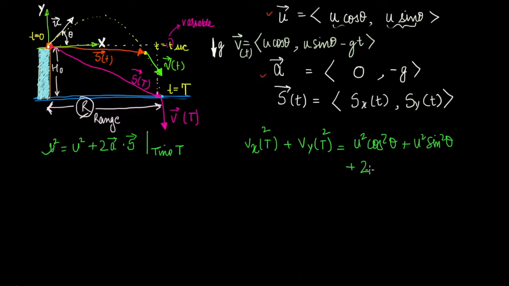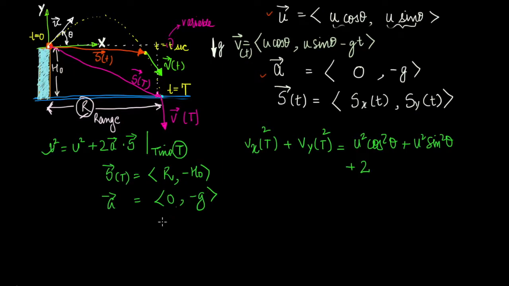Now I go for the more interesting part, which is a dot s. Remember what a is, and remember what s is. Imagine this s is being evaluated at capital T time. In that case, s becomes what we just figured out, the range and minus h sub 0. Acceleration will remain the same; it's independent of time. So this is the acceleration vector.